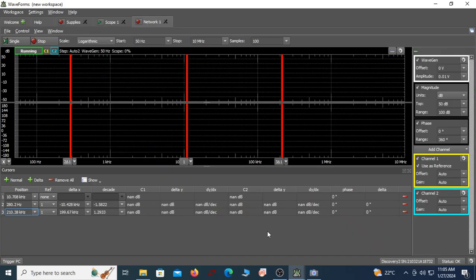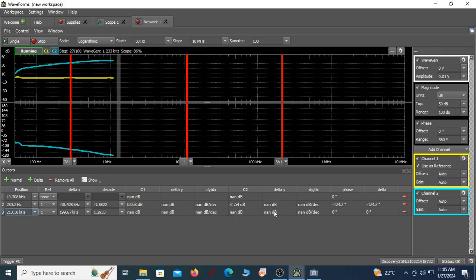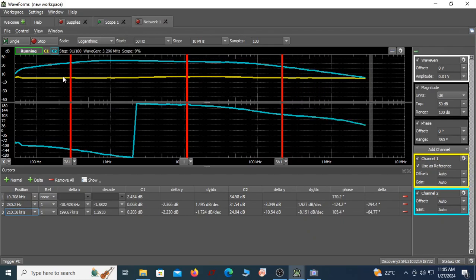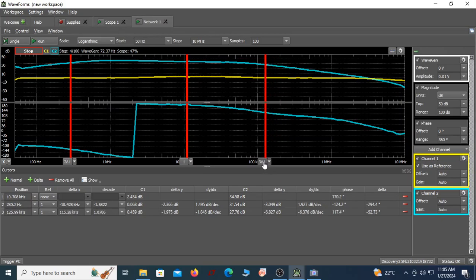Let us again find the midband gain and the bandwidth. Now let me stop this. This is 34. Now this is almost close to 3 dB, and let me adjust this. Okay, now this is fine. Now let me fill this.